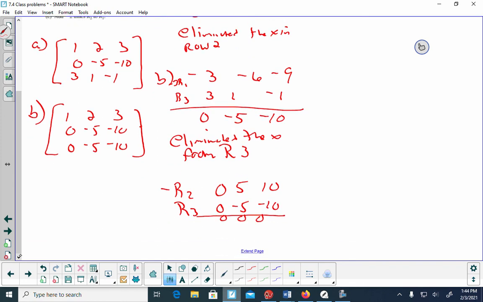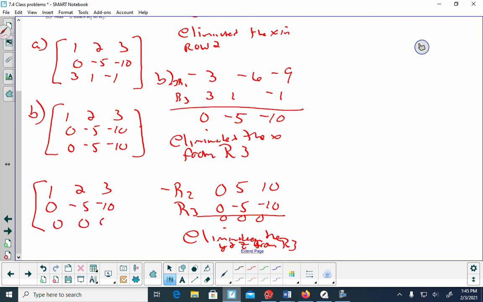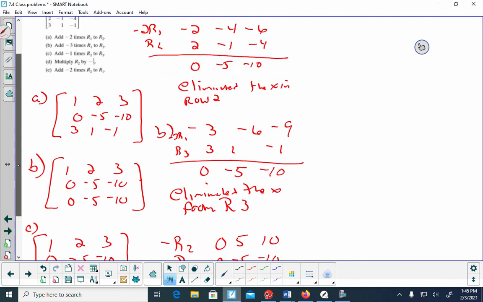That eliminated the Y and the Z from row 3. So now what I have is 1, 2, 3, 0, -5, -10, and then 0, 0, 0. And that's after step C.